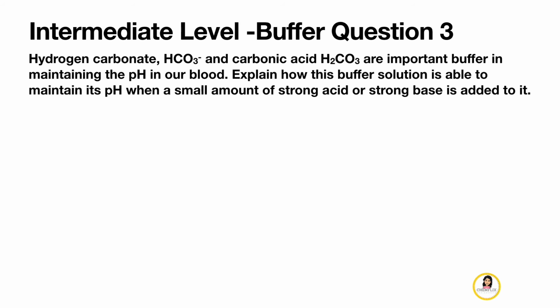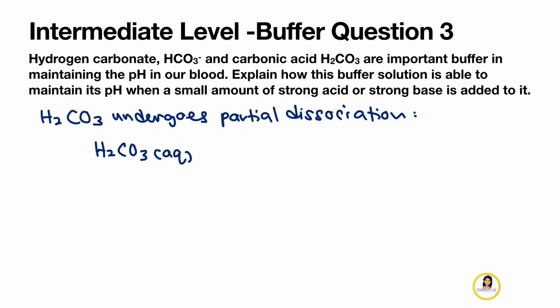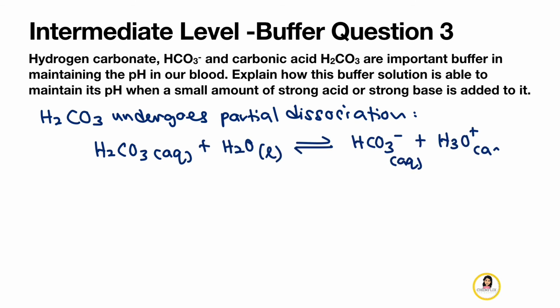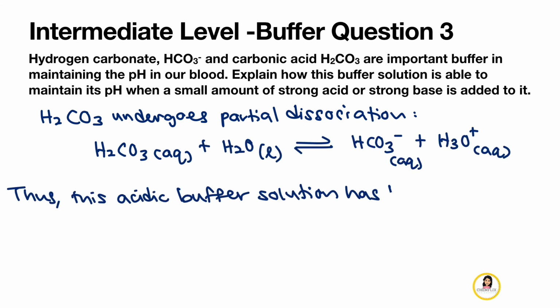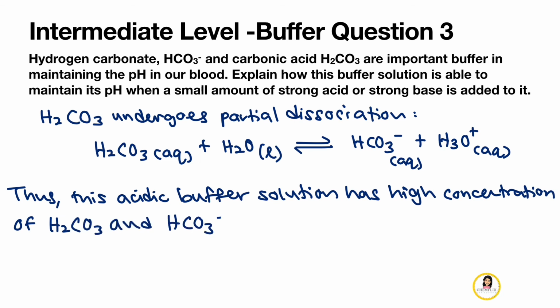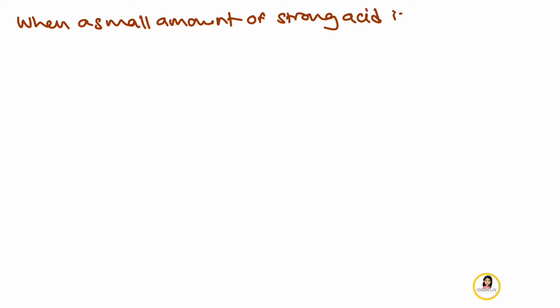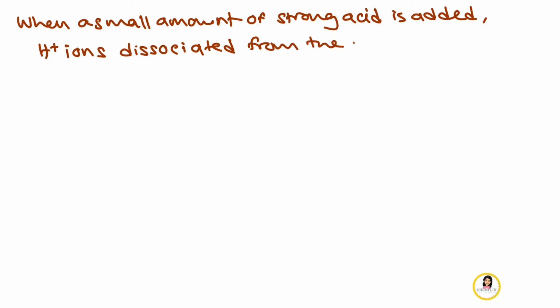Begin the question by explaining the dissociation that happens to the weak acid, whereby H2CO3 undergoes partial dissociation as shown. When a small amount of strong acid is added to this buffer solution, H+ ions dissociated from this strong acid react with the conjugate base.